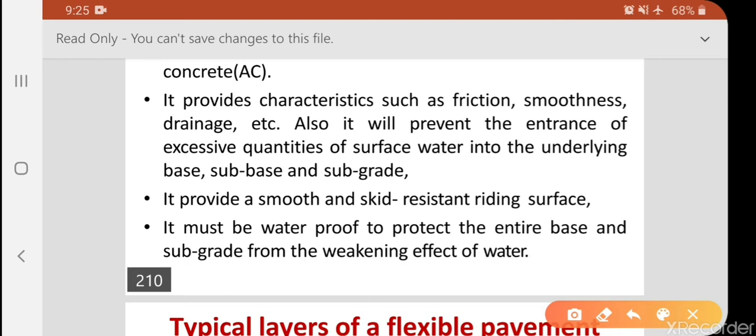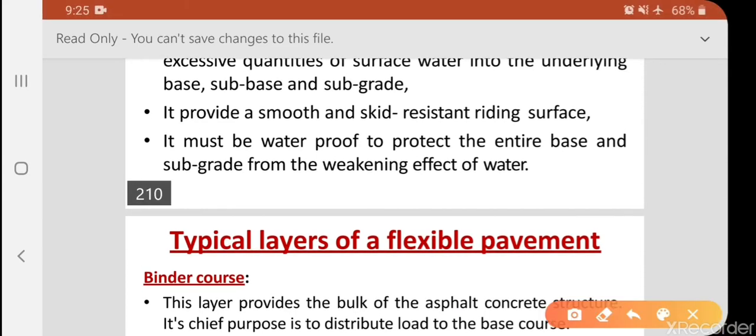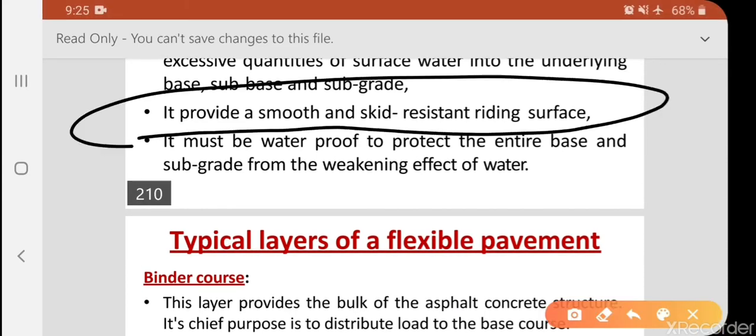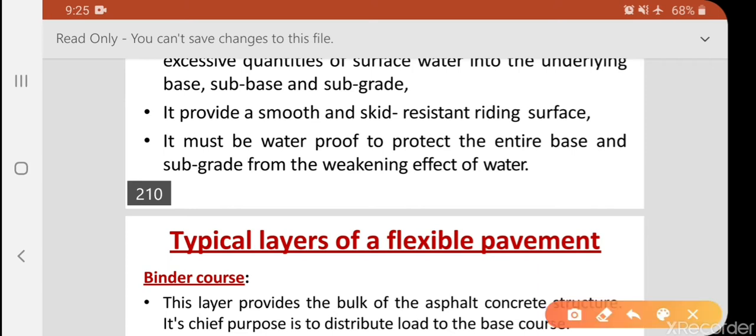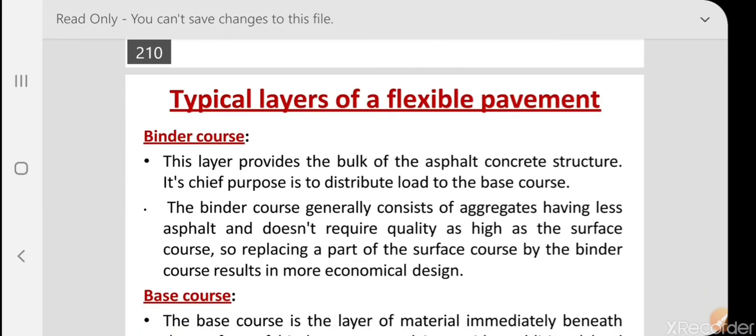This all protects against the entrance of excessive surface water. It provides a smooth surface and, as already mentioned, the skid should be low, so it must be skid resistant. It must be waterproof. The waterproofing protects the entire base and subgrade from the weakening effects of water.